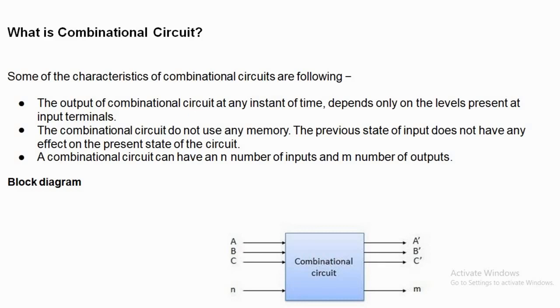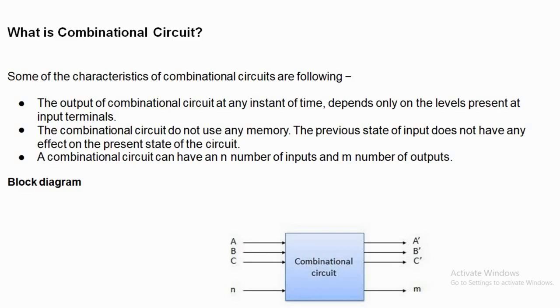The main characteristics of combinational circuits are: first, the output of a combinational logic circuit totally depends on the present input. Second, and also very important, a combinational circuit does not use any memory.